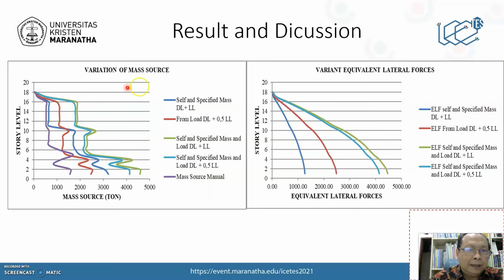This is the condition shown in the graphic.